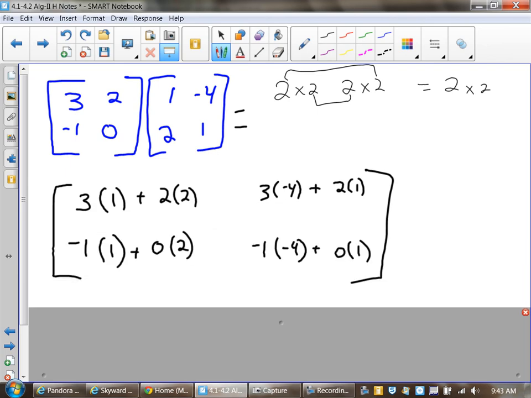Notice how I wrote down the 3, 2, 3, 2, negative 1, 0, negative 1, 0. I wrote down that first matrix twice, because I have to use it. That's how many I'm going to need.